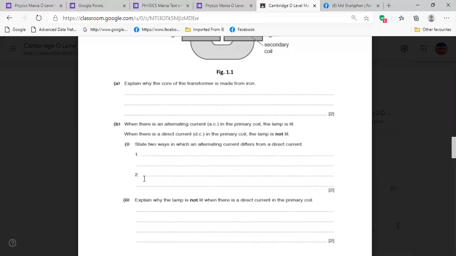That means the voltage of alternating current is fluctuating, varying. That is also a very important point. So you write: alternating current has varying current.